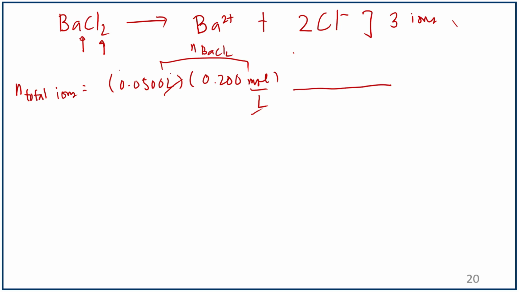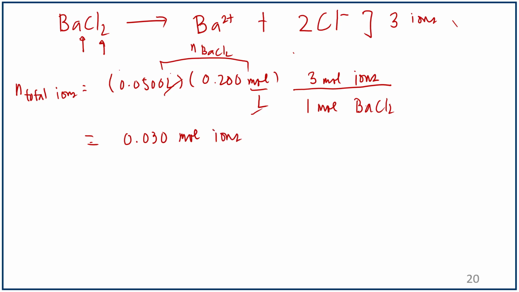And then to cancel out moles, we write 1 mole of barium chloride, and that's 3 moles of total ions in the formula. This one should give you 0.030 moles of ions in barium chloride.